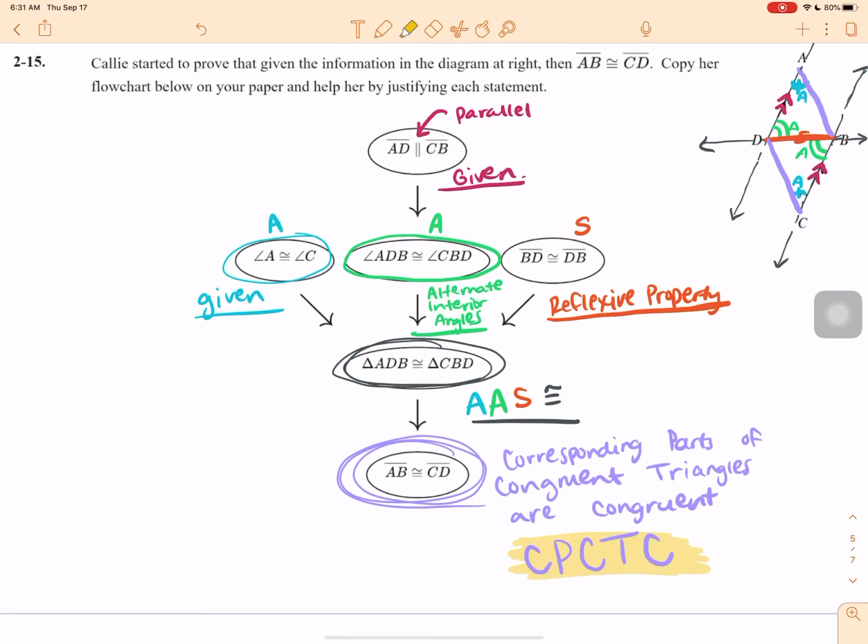In my proofs class in college, if I had to do this, I would just write CPCTC to say that the corresponding sides of a pair of congruent triangles are congruent because the triangles themselves were just proven to be congruent. Again, pause the video, try to wrap your head around that, and make sure you have everything down.